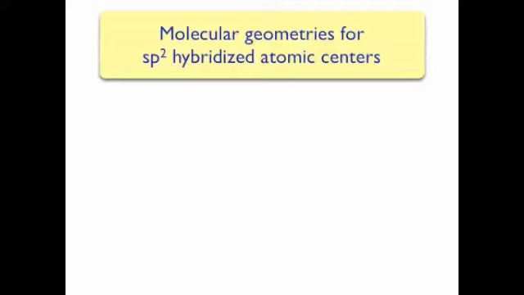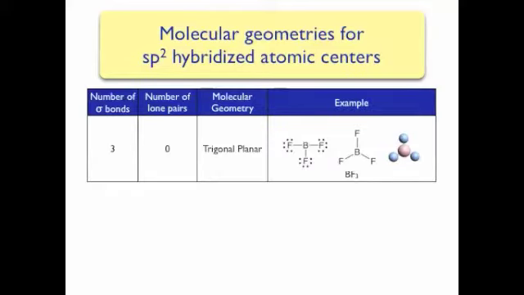For molecules with sp2 hybridized atomic centers, we can describe two molecular geometries. The first is if the atomic center has three sigma bonds and no lone pairs. The molecular geometry will be trigonal planar, where all of the bond angles will be about 120 degrees.